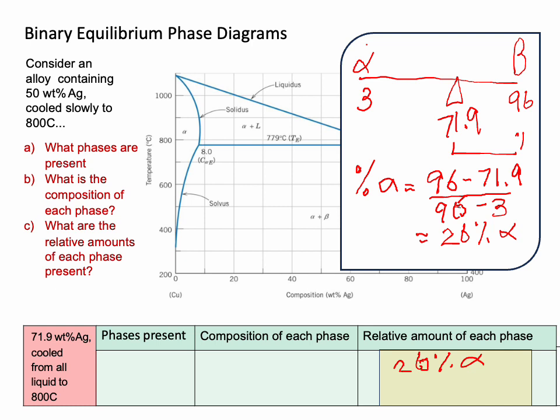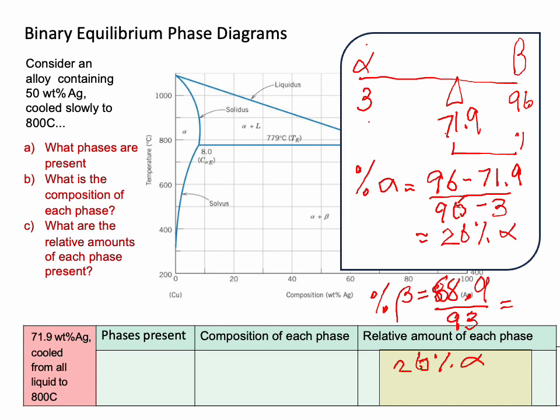Percent beta would be 71.9 minus 3, divided by 96 minus 3. So 88.9 divided by 93. Okay, that's not, what am I doing? Oh, this should be 68.9.